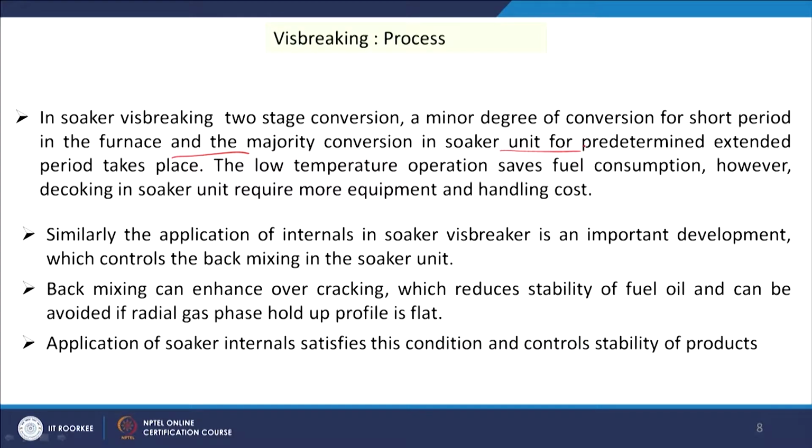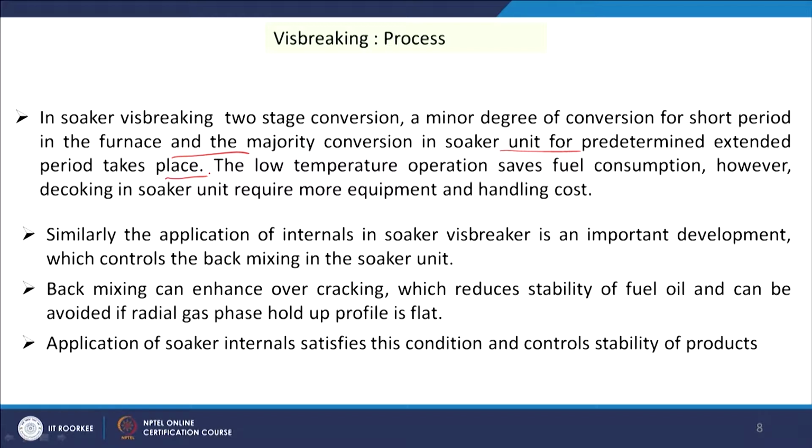In the soaker mode of Visbreaking, we get two stage conversion: a minor degree of conversion over a short period in the furnace, and the majority of conversion takes place in the soaker unit for a predetermined extended period of 20 to 30 minutes.